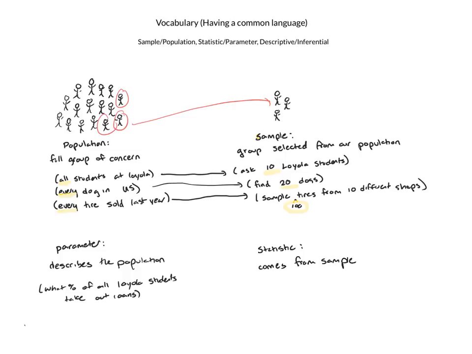For instance, if I want to know what percent of all Loyola students take out loans, I can find what percent of the 10 students asked took out loans. So, parameter refers to the population. It's the characteristic I want to know about. Statistic comes from the sample. It's the thing I'm settling for. And what I can do is use this to make a guess about exactly what my parameter is.